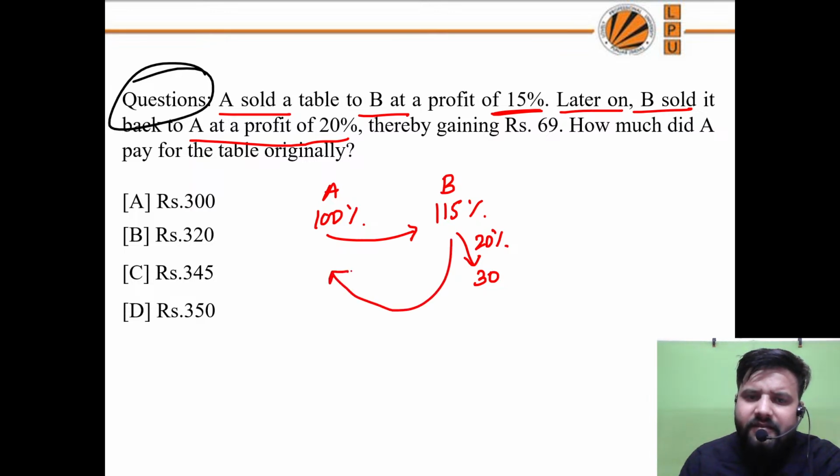So the selling price of B to A would be 138, which is 138 percent.